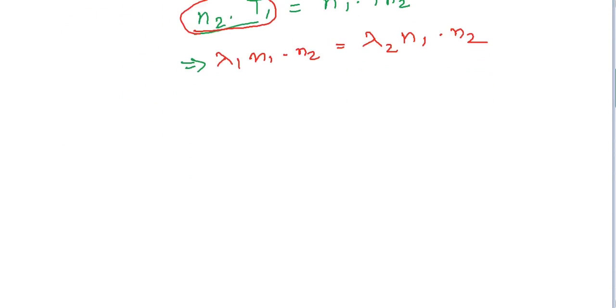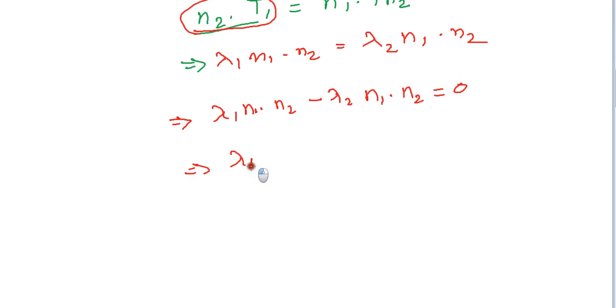So we can now write here alpha 1 n1 dot n2 minus alpha 2 n1 dot n2 is equal to 0. So we can write down (alpha 1 minus alpha 2) times n1 dot n2 equal to 0, right?